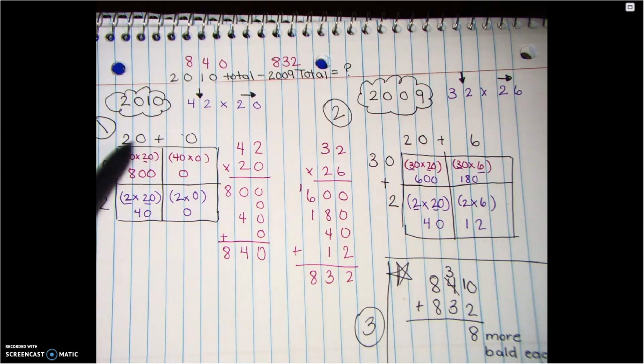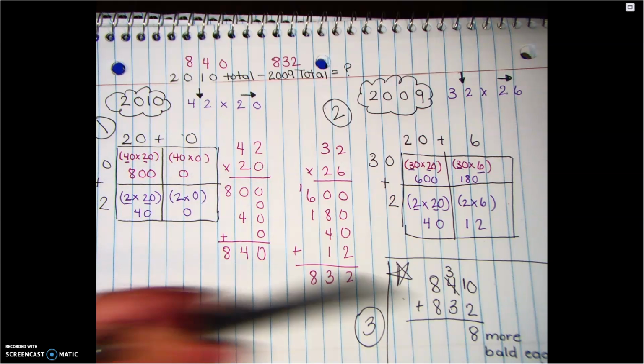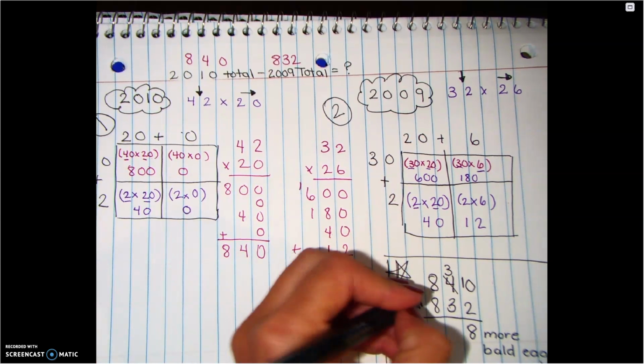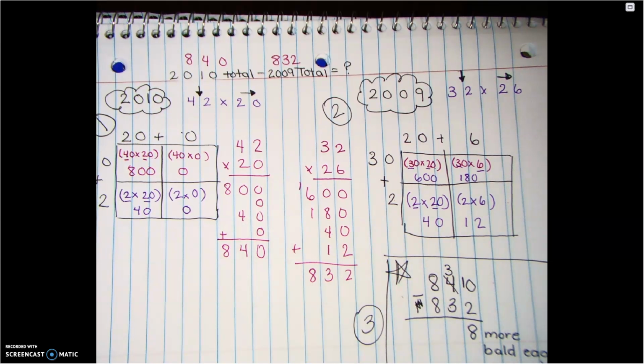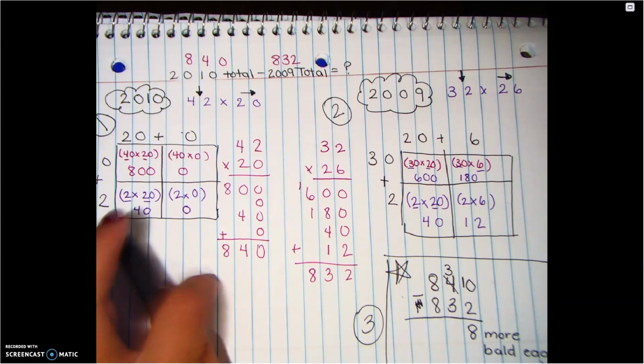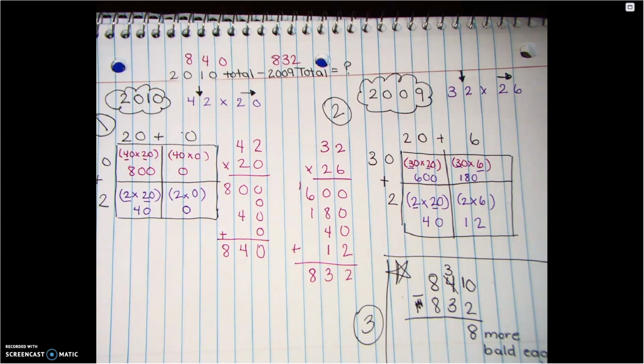So we've used expanded form, we used distributive property, we used multiplication, we did our adding, we did some subtracting. So we're using all the skills that we have been practicing in an actual story problem. We will be practicing some more of these today in class.